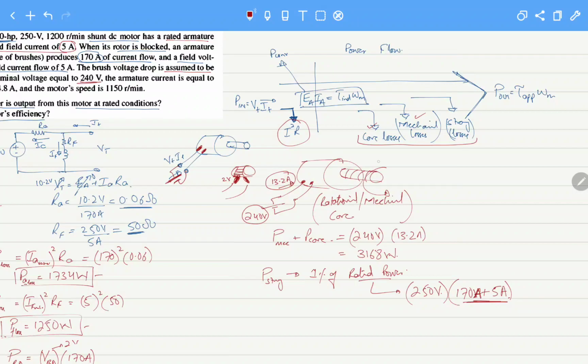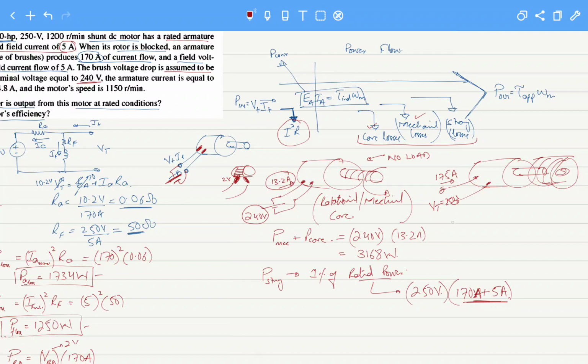So the rated power that the machine is taking is the input power of the machine. For example, this was at no load, and if I draw the motor at full load, here is the motor and it is driving a heavy load, connected to the terminals of a battery. So here Vt is equal to 250 volts and the current that the machine is taking is 175 amperes, 170 to the armature and 5 amperes to the field.